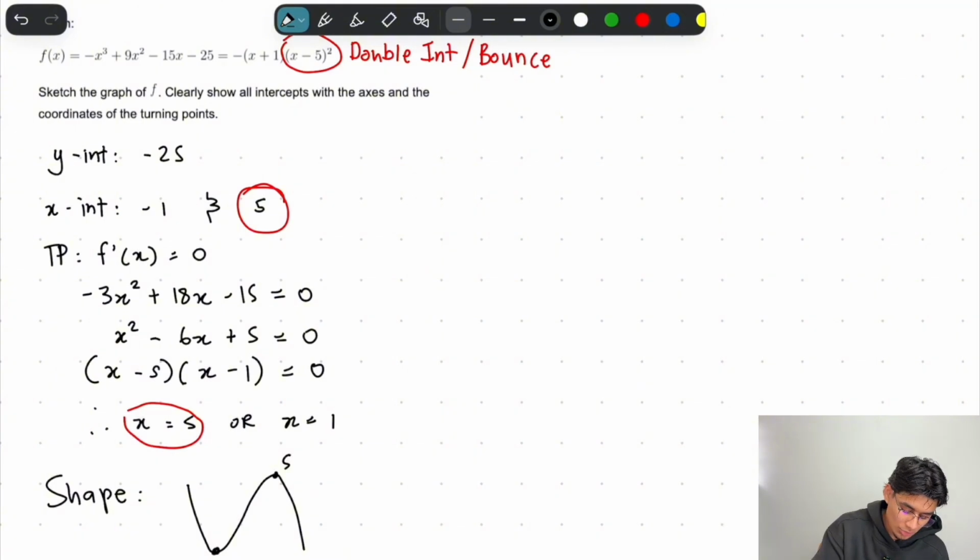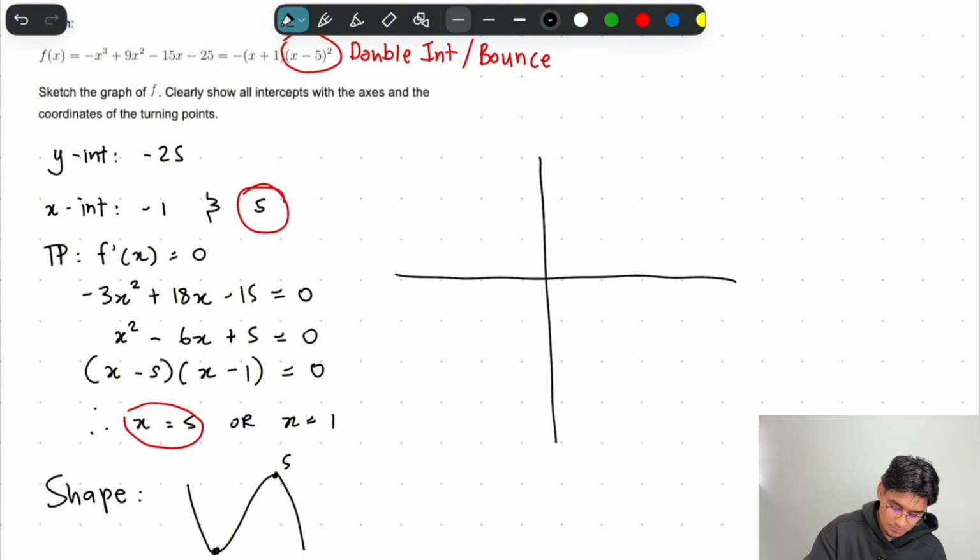The way we're going to draw it, we need to keep the bounce in mind. Our y-intercept is -25. Our x-intercepts are -1 and 5. Then our max and min: our minimum value is 1, our max is 5.